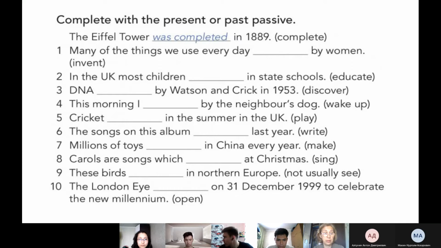So, Medina, number 7. Millions of toys are made in China every year. Good. Ilham, number 8. Carols are sung, как song, да? Sing, sang, sung. Sung at Christmas. Carols, this is a plural form.